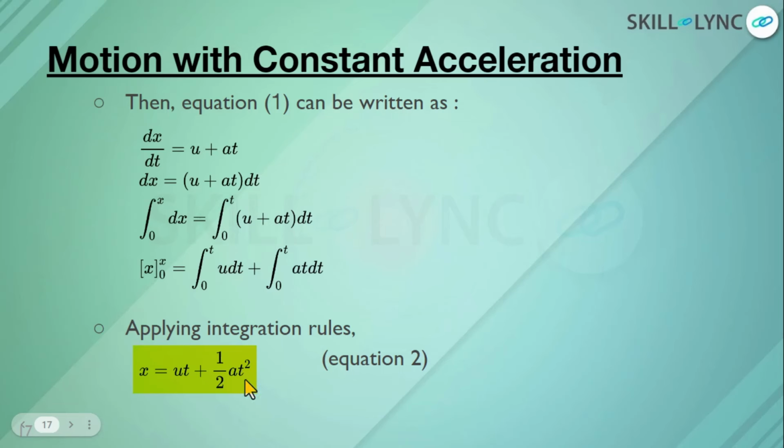This whole equation is written as equation 2.